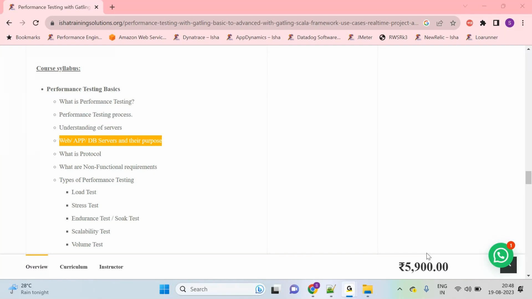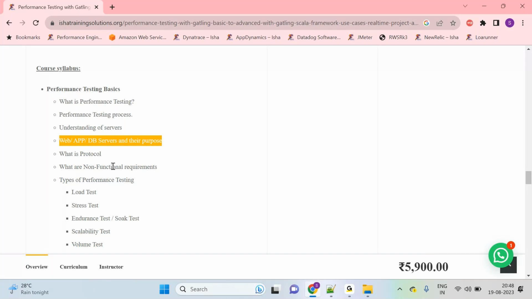Then only you can say, I am going to monitor so-and-so server, and in that I am going to monitor CPU utilization, memory utilization, what percentage of CPU is used, how much memory is available. That monitoring is important, which means you need to have a fundamental idea about the server side. That is the reason we are going to learn what a web server means, what an app server means, what a DB server means.